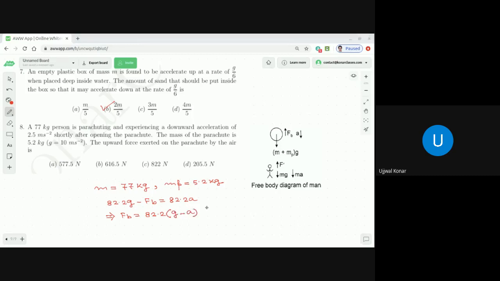And if you compute all these things, you will get 616.5 Newton. And hence we get option B as the correct one. Any doubt? Any smallest doubt, dear students?